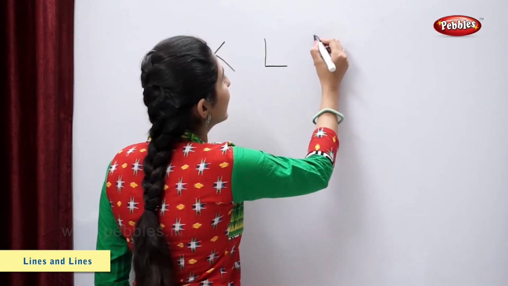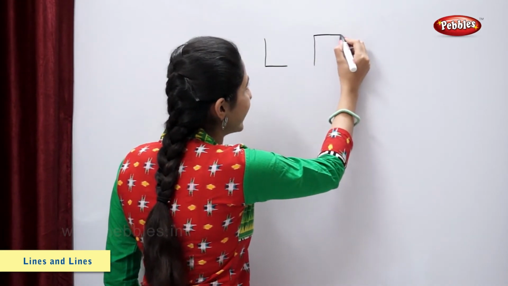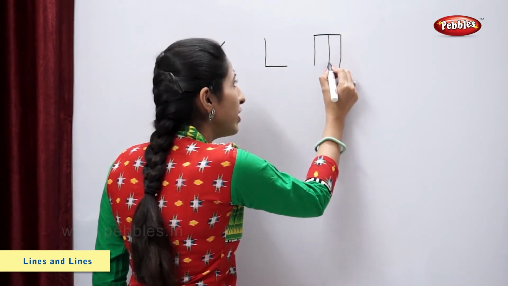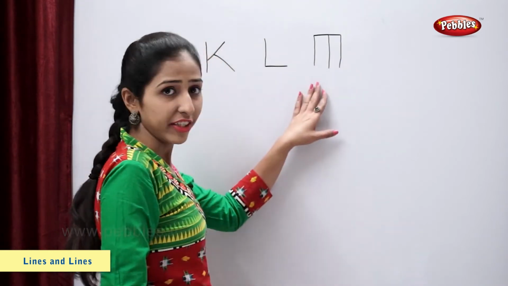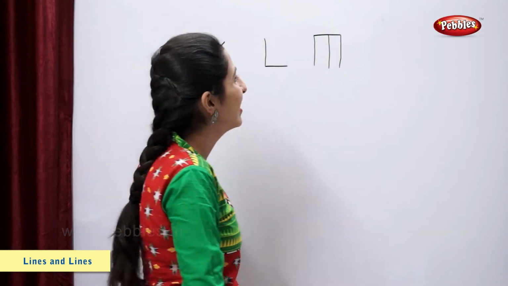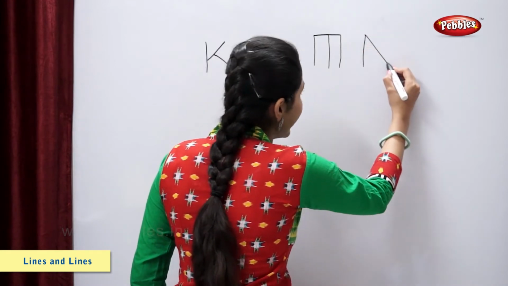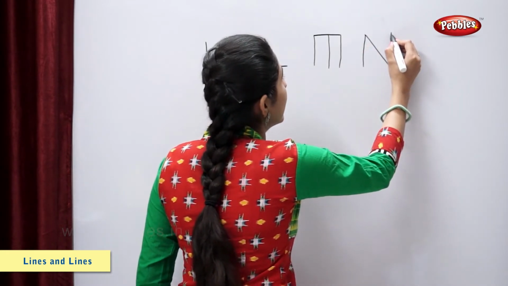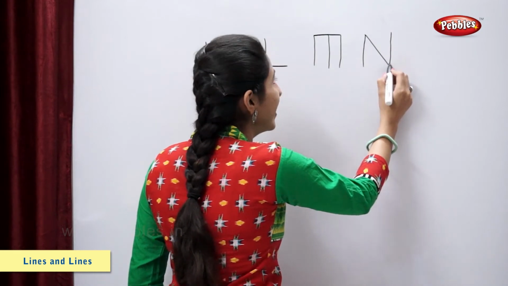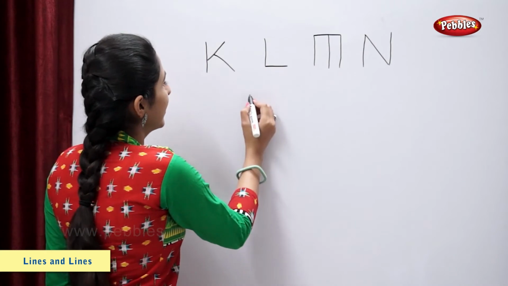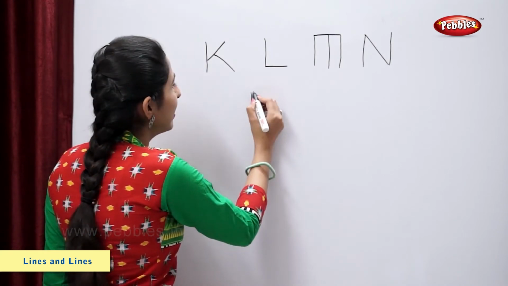Standing line. Sleeping line. Standing line. One more standing line. Letter M. Standing line. A slanting line. One more standing line. Letter N. Standing line.